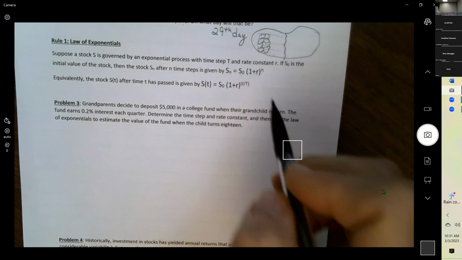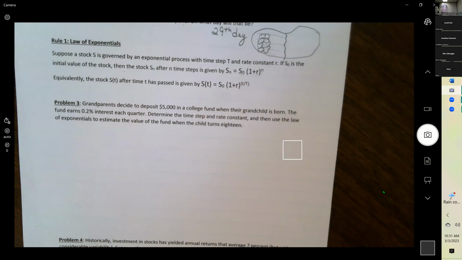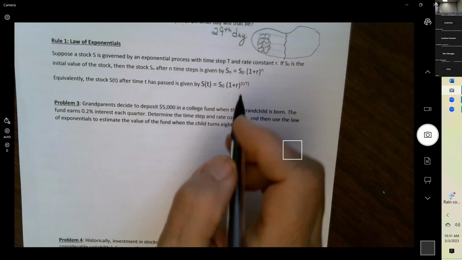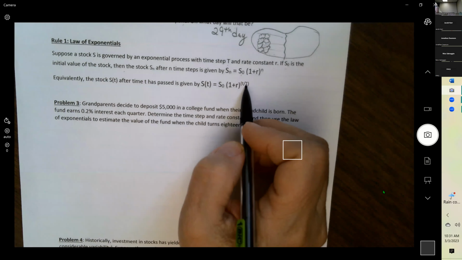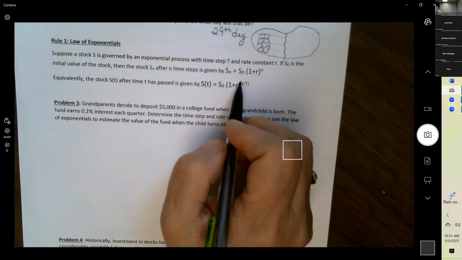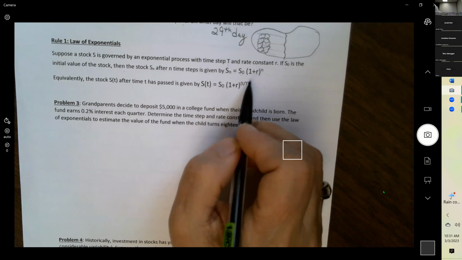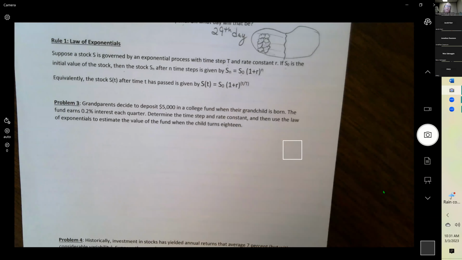N is the total number of compoundings. So in our 20-minute one, it was how many 20-minute cycles there were. Or you can use this one, where the 20 minutes is on the bottom and total minutes is on the top. Both get you the same thing, it just depends on your thought process.